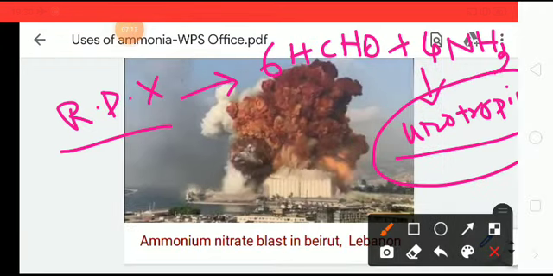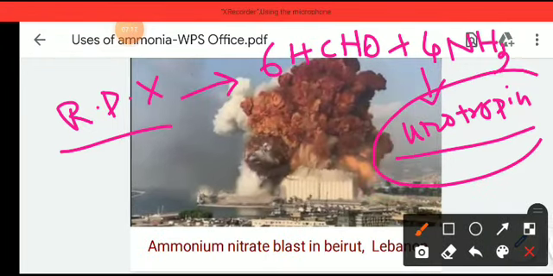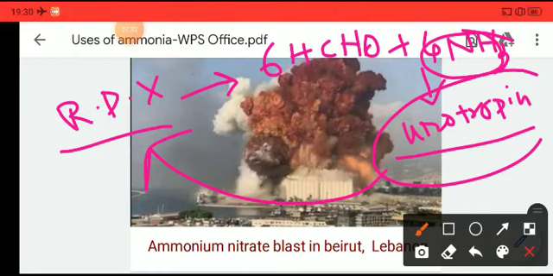From this urotropin we can prepare RDX, a largely used explosive in the modern world, so we have to use ammonia. Similarly, TNT and TNB, trinitrotoluene and trinitrobenzene, are all nitrogen derivative explosives, and we can also use ammonia to prepare them.